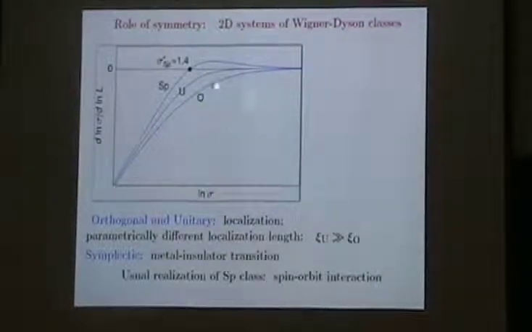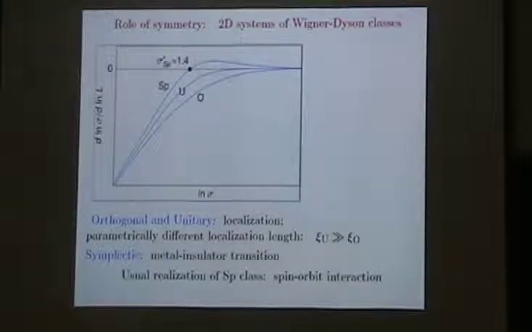So in 2 dimensions, the beta function for orthogonal, unitary, and symplectic classes is sketched here. For orthogonal and unitary, it's always negative, so you get localization. However, the localization for unitary is parametrically larger than for orthogonal, because the beta function goes like 1 over g and 1 over g squared correspondingly. And for symplectic class, we have even a transition to delocalization. So that's already seen in Wigner Dyson classes, that symmetry is important.